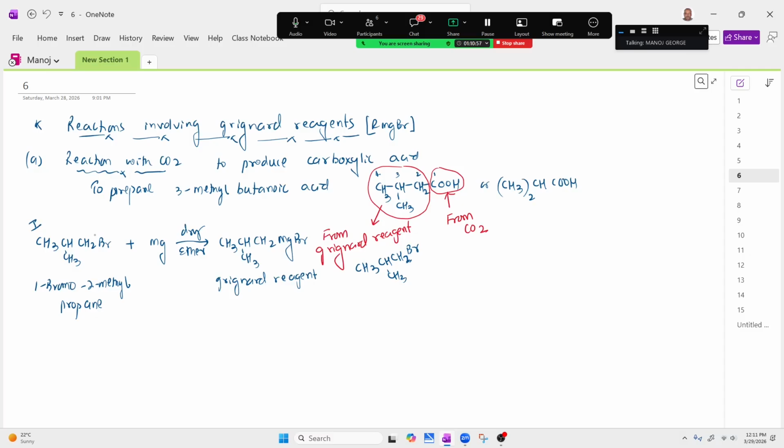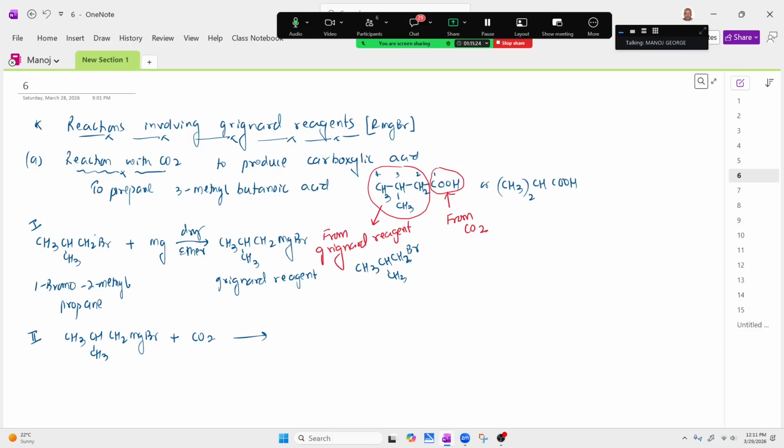Once I get my first step, my second step is I'm going to take my Grignard reagent and react it with CO2. So that's my Grignard reagent here, which I made in the first step, and I'm going to react this with CO2. Now, here's the thing. There are inside steps happening which you don't have to show each and every one.